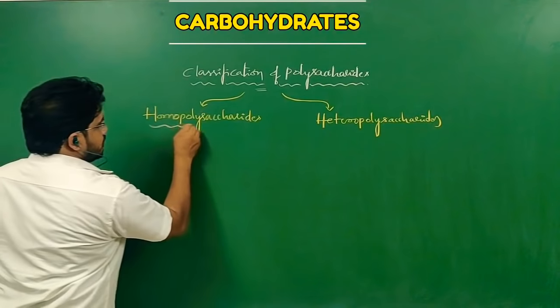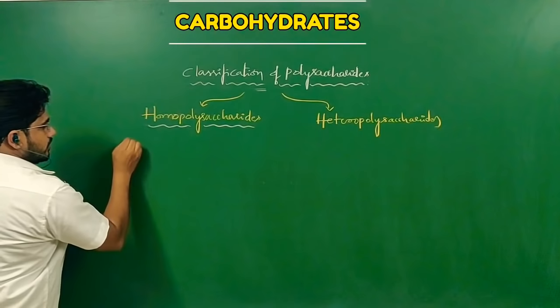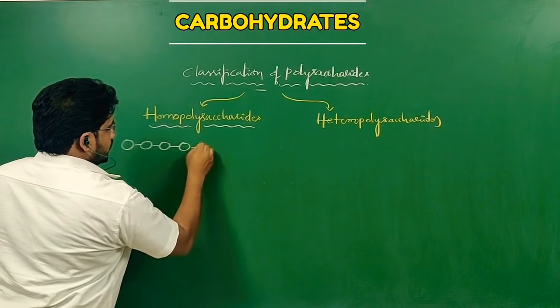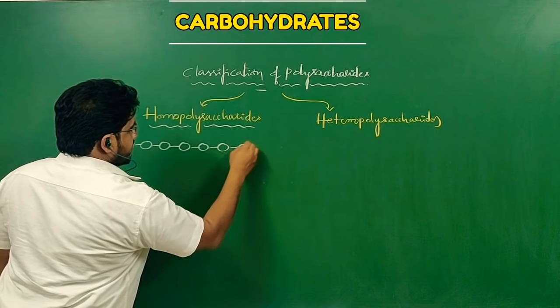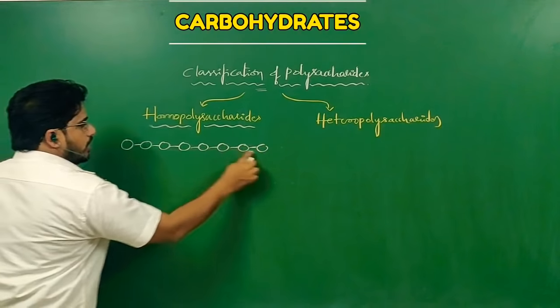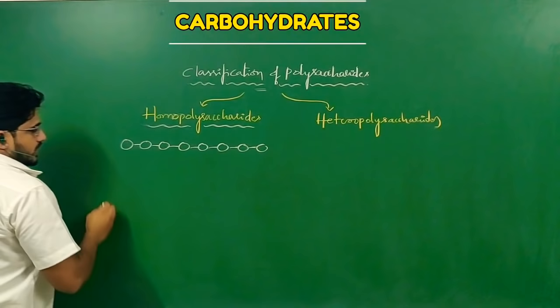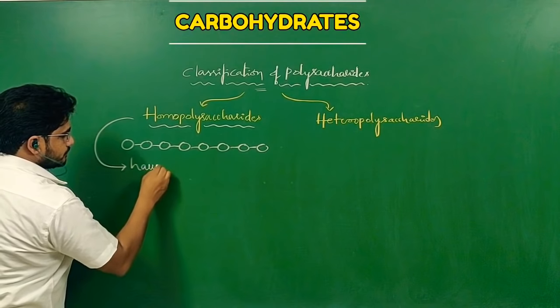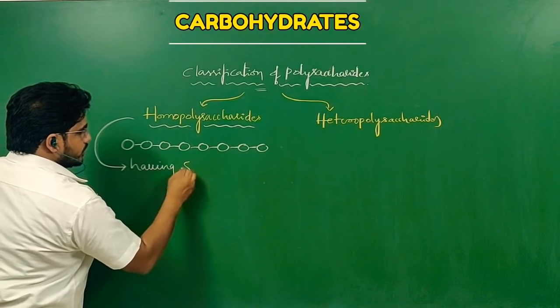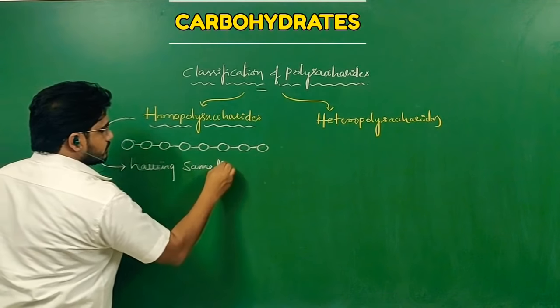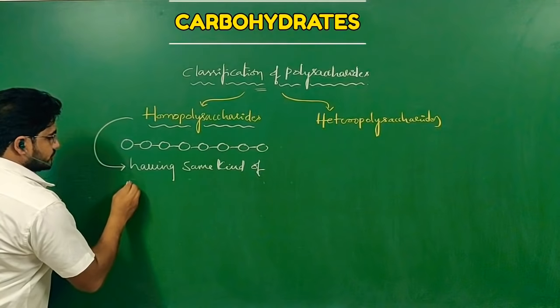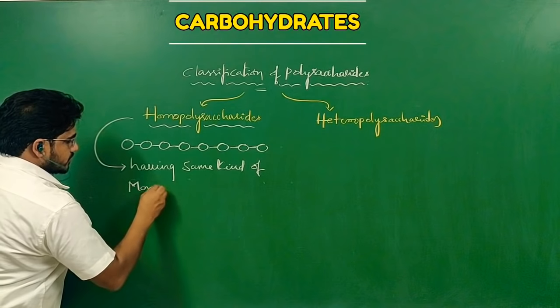In the homopolysaccharide structure, no matter what the number is, all are the same type of monosaccharides. So, homopolysaccharides have the same kind of monosaccharides.